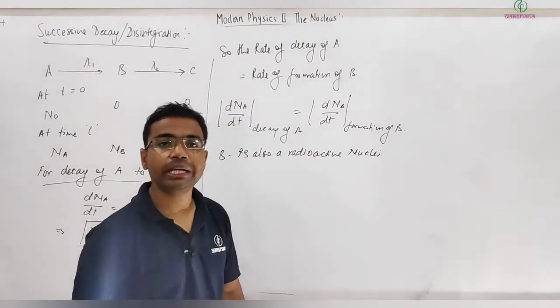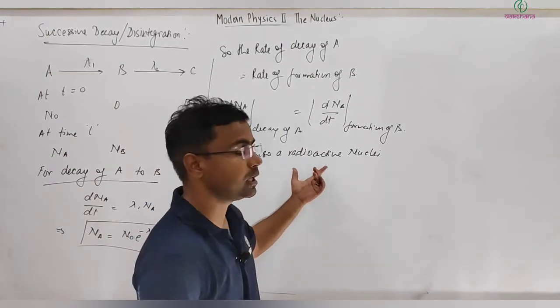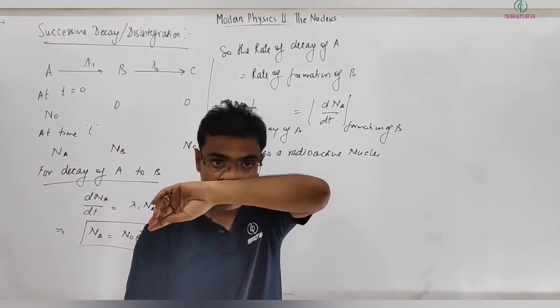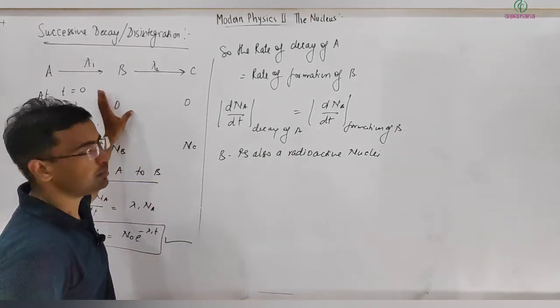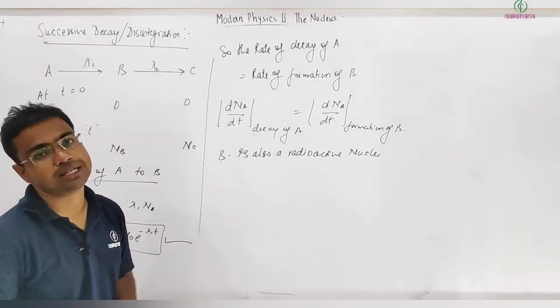Initially there is no B nuclei, so initially the rate of decay of B will be 0. But after some time, once a few nuclei of B have formed, they will also simultaneously start decaying.